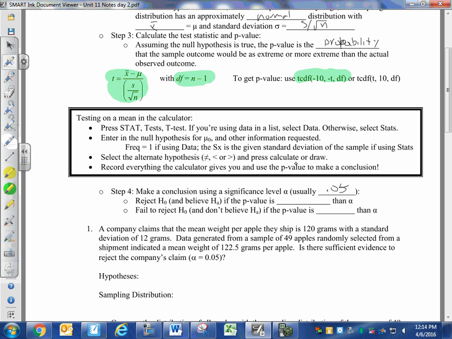We're going to reject our null hypothesis, our claim, if our p-value is smaller, which means it's further away from my claim, which means my claim can't be true if I found this sample data that is very far away. I'm not going to reject if your p-value is greater. That means our sample data is close to my claim, so it could be true.